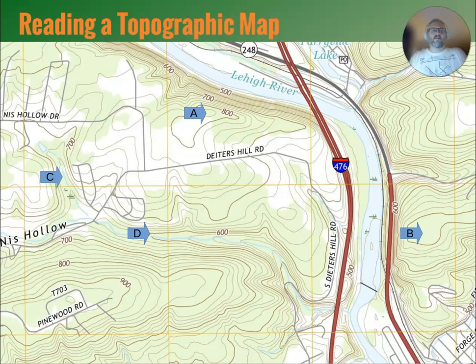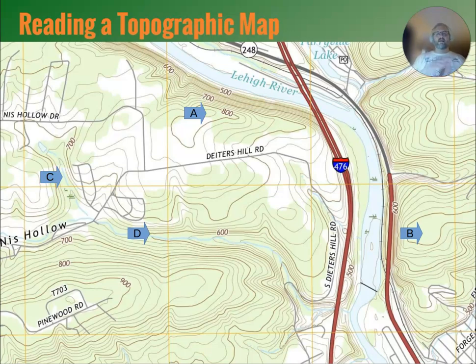So that's a very helpful way if you're not sure which direction the stream is flowing. If I had cropped this so that we couldn't see the Lehigh River, which is kind of a giveaway because little streams tend to flow into big ones, one way to very easily tell which direction that stream is flowing is to look for the contour lines as they cross the stream.